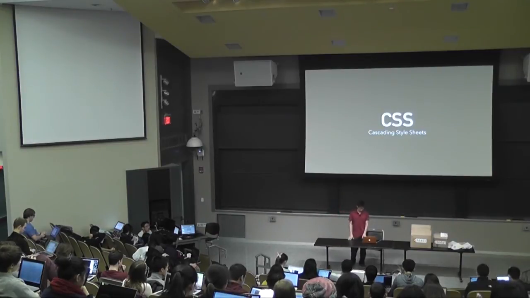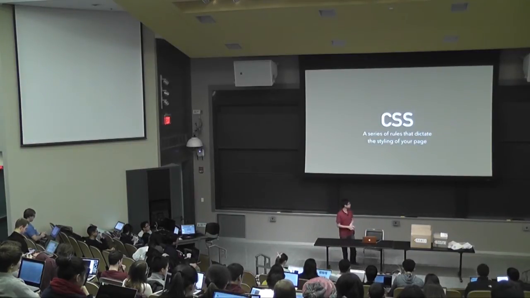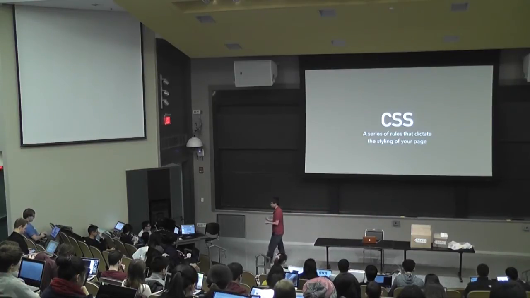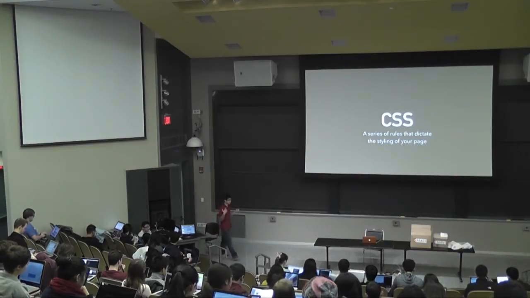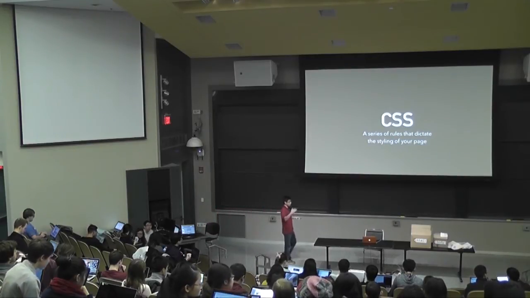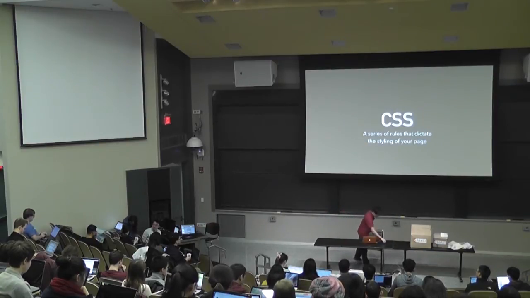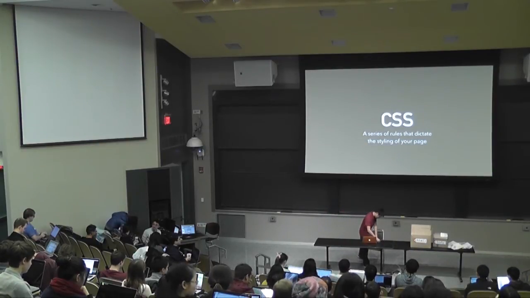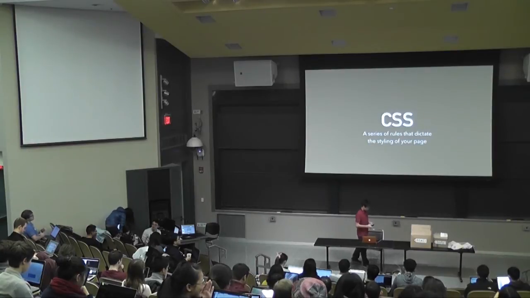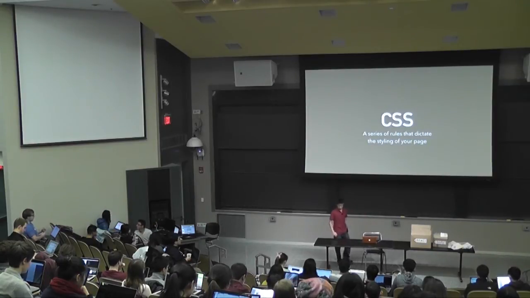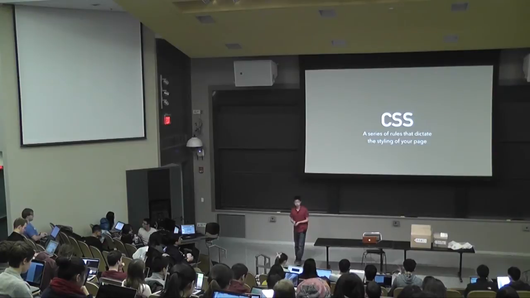And again, it's a way of making things pretty. It's a way of making things look not just like plain text, and you can add a lot of different ways of setting up your layout. So we saw earlier that everything was just kind of linear. And that's because of a bunch of rules that the browser by default places on your HTML. So let's take a look at a little bit of CSS.